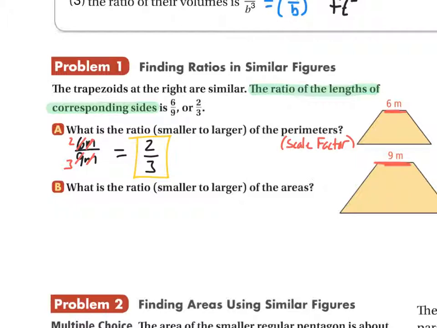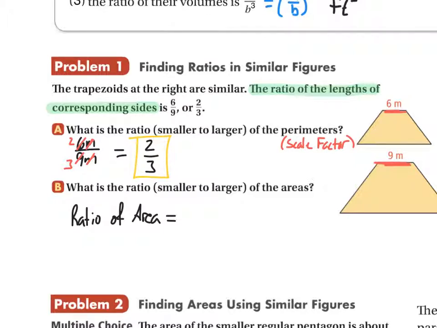So now they want to know, what is the ratio for the area? The ratio of area. Well, how are we going to find that? Not cubed, because area is in square units.